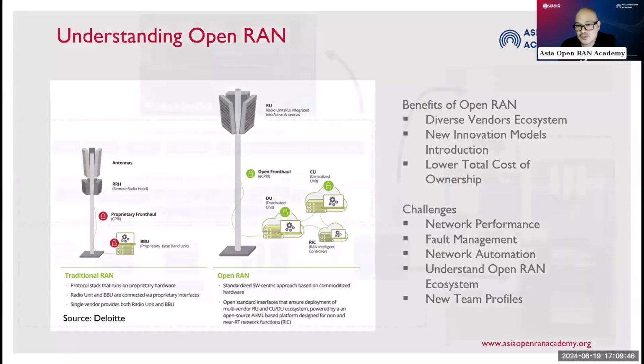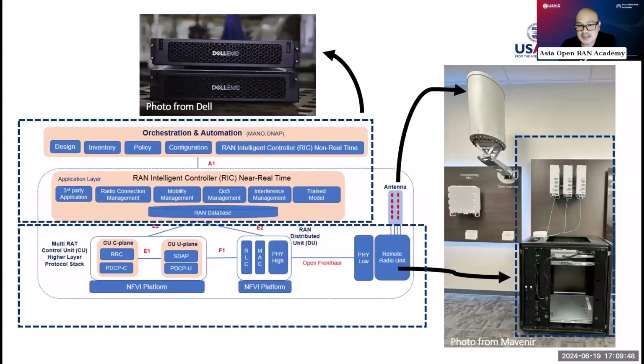When you look at the current setup or sample setup of an Open RAN system, it looks like this. So this is the architecture. All of the orchestration, automation, and RAN intelligent controller, you will just see inside these boxes because these are software. If you look at the hardware, you have the CU, the centralized unit.